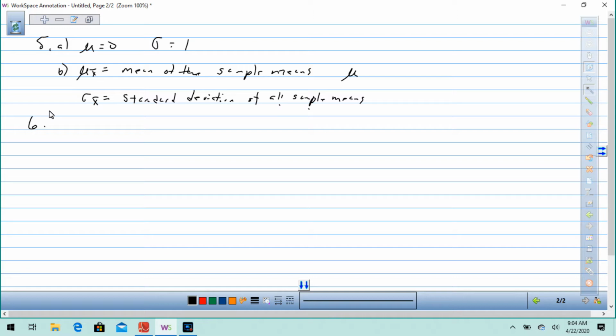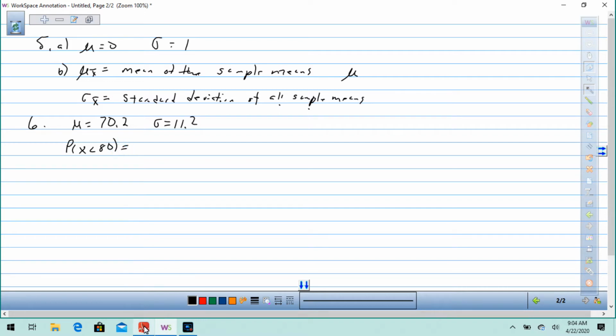Assume that women have a diastolic blood pressure that is normally distributed with a mean of 70.2 and a standard deviation of 11.2. So now we're going to find the probability that X is less than 80.